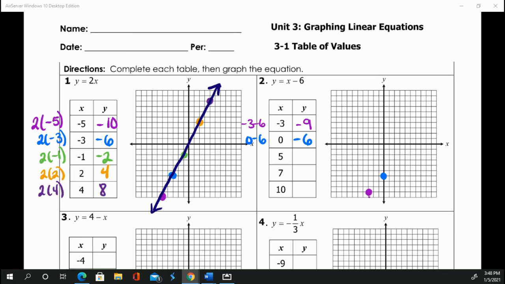When x equals 5, y equals -1. When x equals 7, y equals +1. Again, these points should form a line. And when x equals 10, y equals 4. Now that we have all of our points graphed, we want to connect the points and extend with arrows.